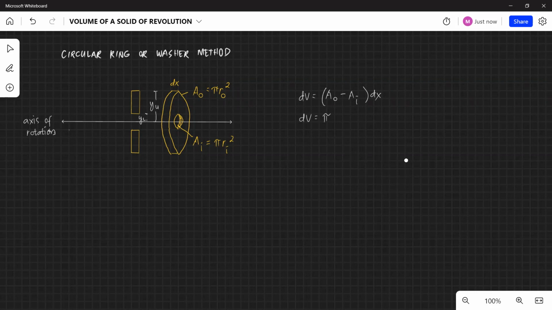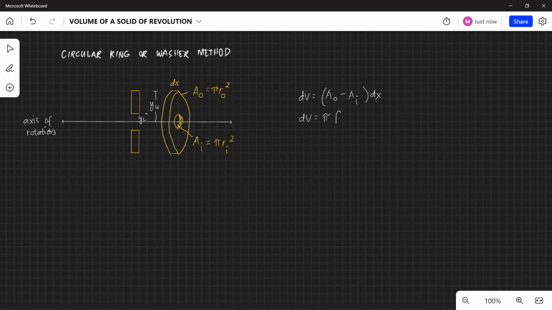So we use these letters instead of r, so that we can write the expression for the integral of the volume, the differential volume.